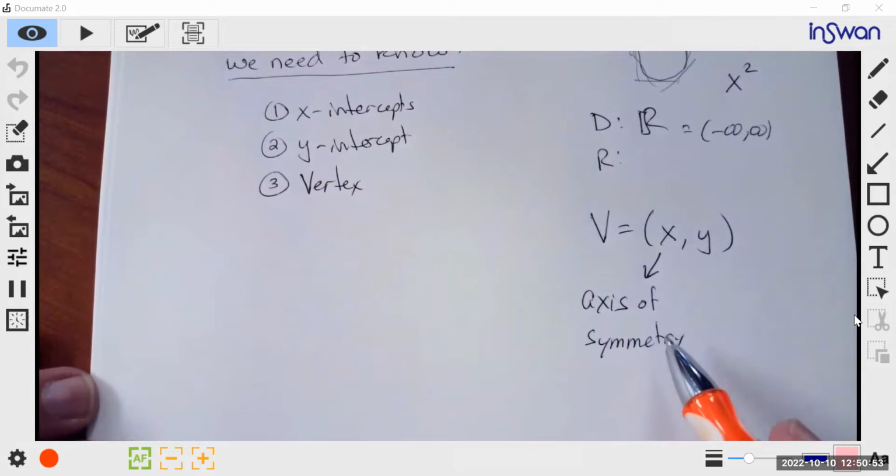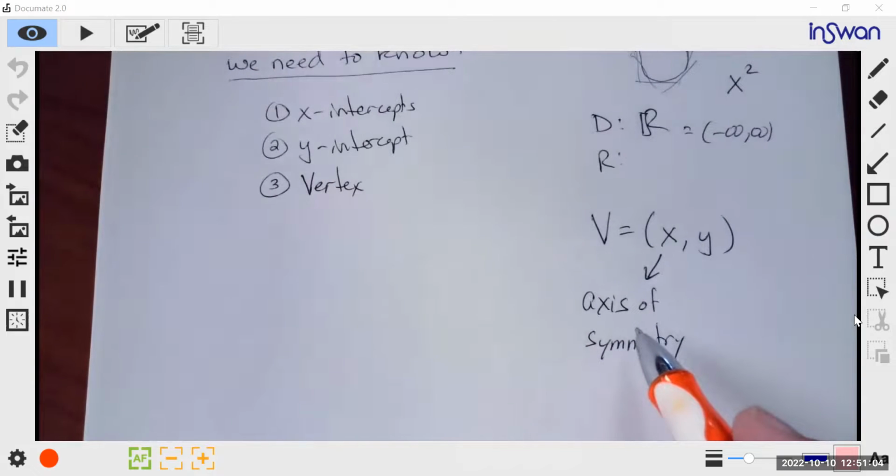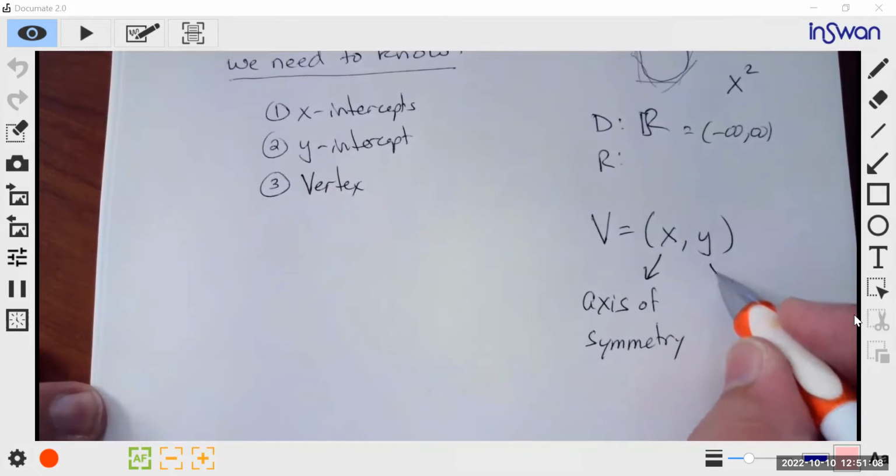What does that mean? Axis of symmetry. It's the line that creates a mirror image on both sides. But it's the x value of the vertex. Because if you drew a line across the x point of the vertex, you'll have a mirror image on both sides.